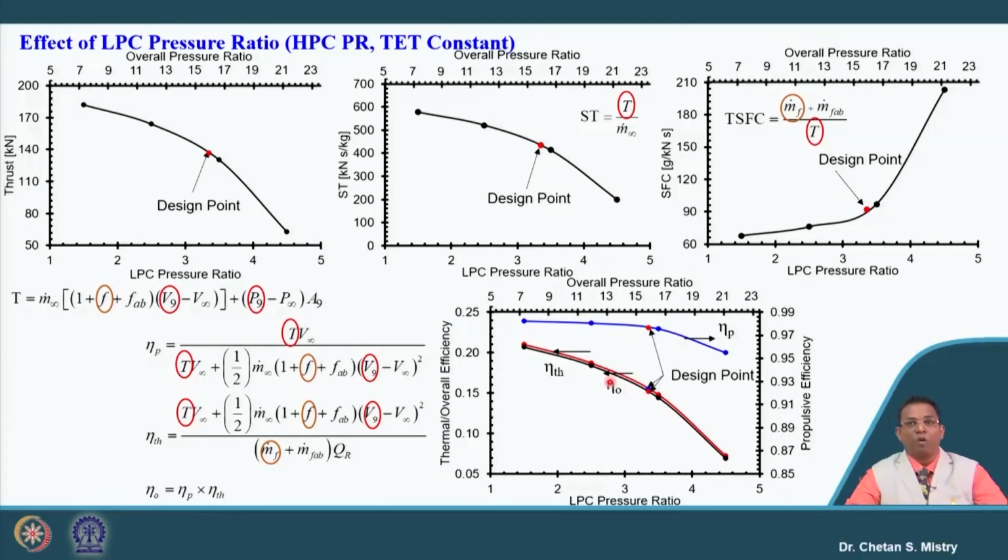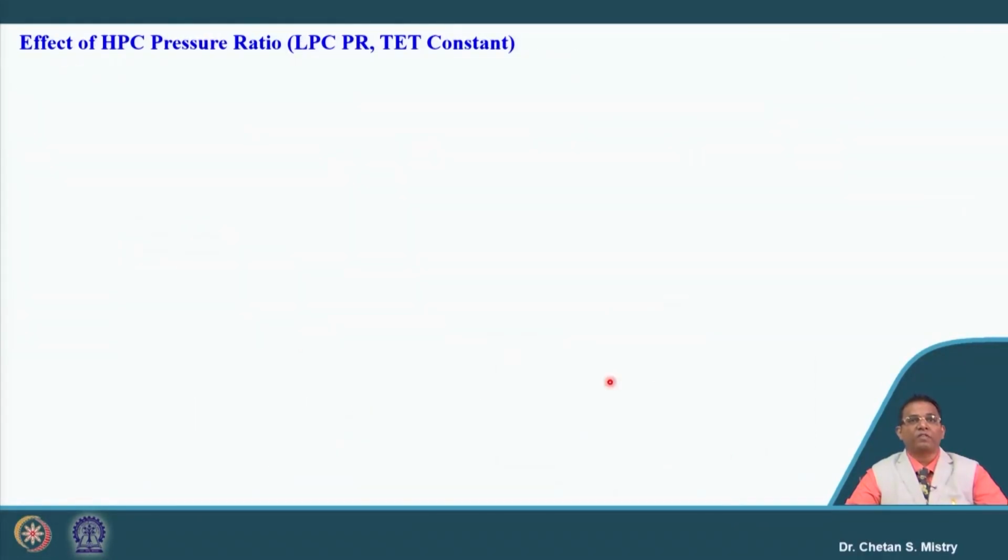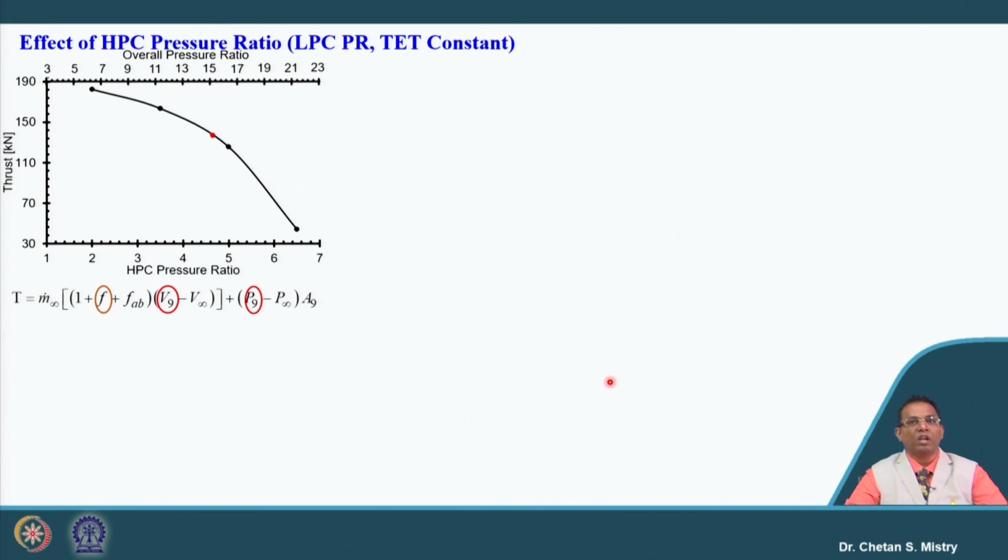Now, in line with what we have discussed earlier, let us change the HP compressor pressure ratio, keeping the LP compressor pressure ratio and turbine entry temperature constant. In line with the previous parameter, though we are changing only the HP compressor pressure ratio, the effect will be the same.